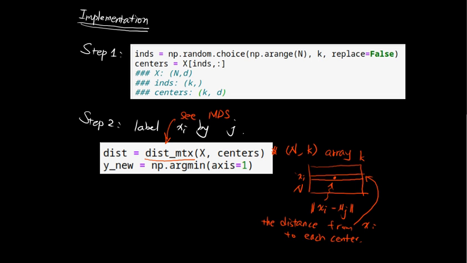And now among these, we are going to pick the one with the shortest distance. So I'm going to do the min function. But what I want is the index. I don't want the value of the distance. I want the index. Okay, so I'm going to do the argmin along axis 1. So for each row, it is going to generate one index such that the minimum value happens on the index, and that is y new.